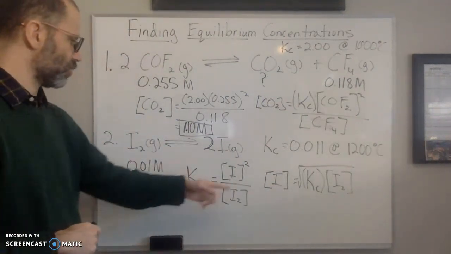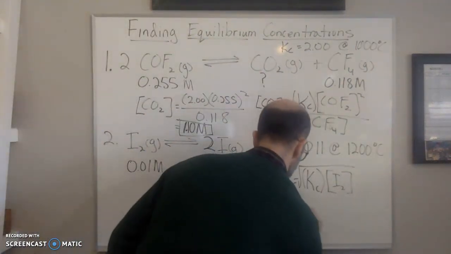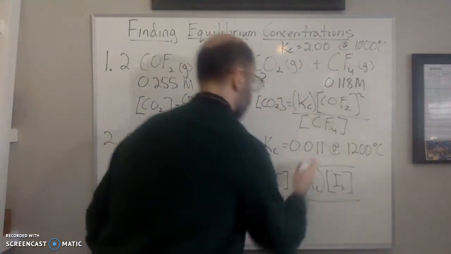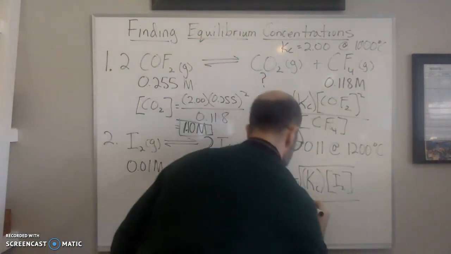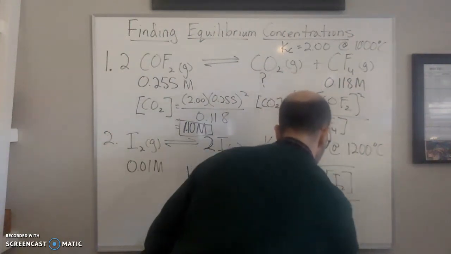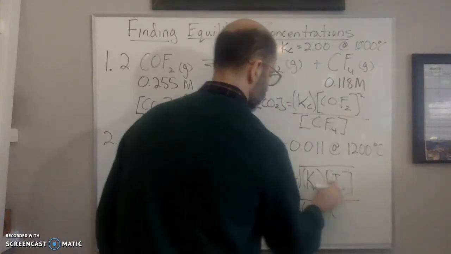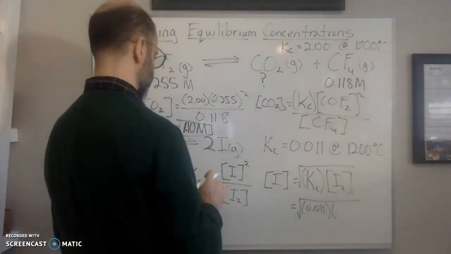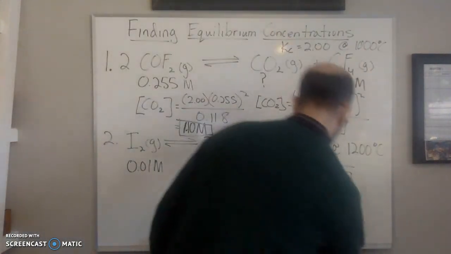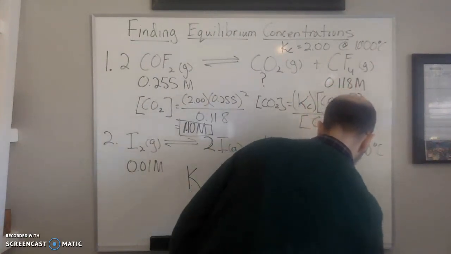And so all I need to do is plug in the values and calculate. So then this becomes the square root of Kc, which is 0.011, multiplied by the concentration of I2, which is 0.01.